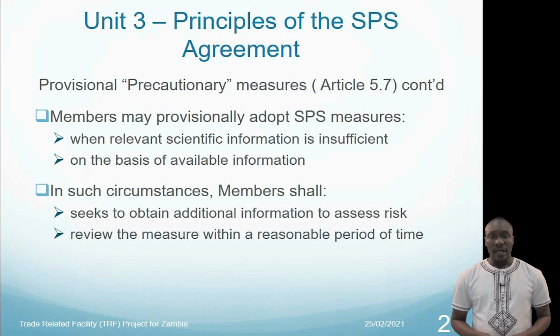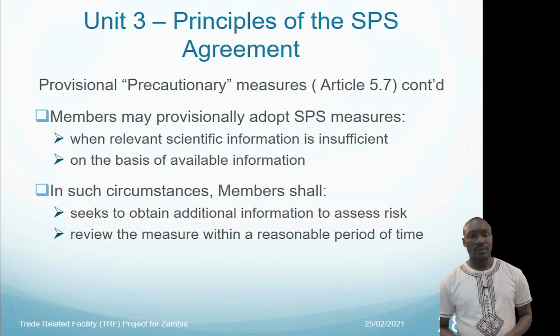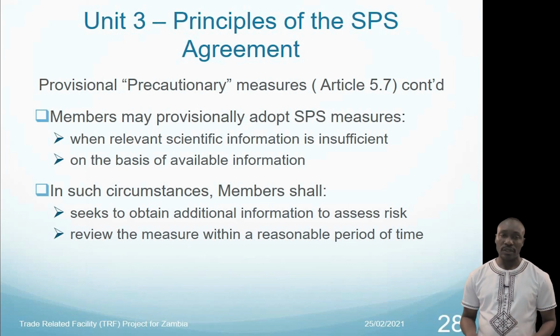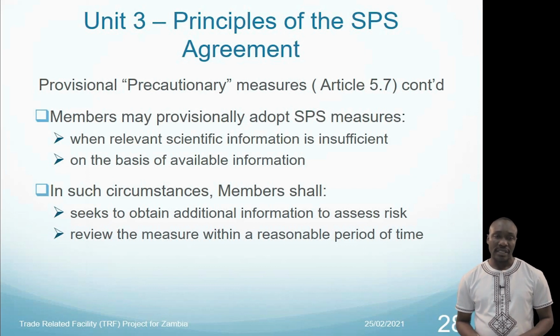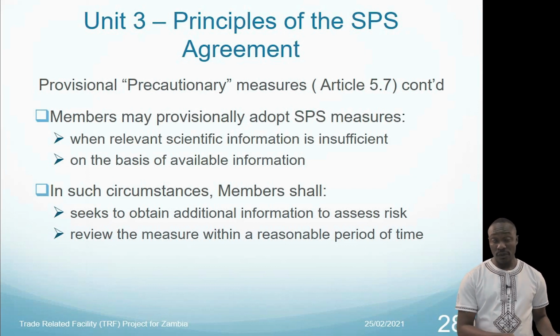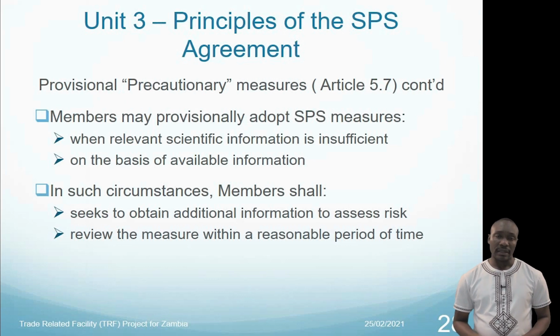In such circumstances, as a concluding remark, the members shall seek to obtain additional information to assess the risk, to also review the measures within a reasonable period of time.